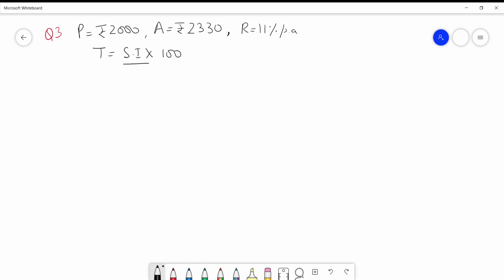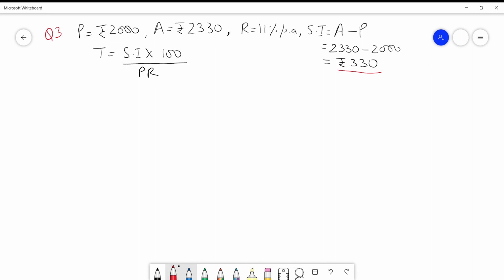As I told you in the last question, T is here, P and R this side. So P and R are given to me, but not the SI. But I can find out the SI because I have the formula for SI. For the SI, my formula is amount minus principal. So I will subtract 2330 minus 2000, and I will get 330. This is my simple interest. I found it.